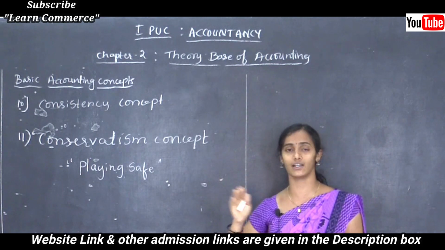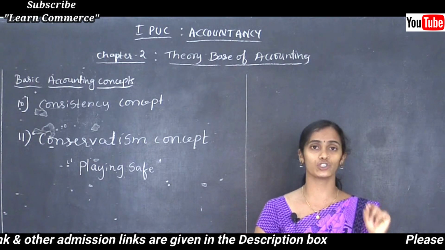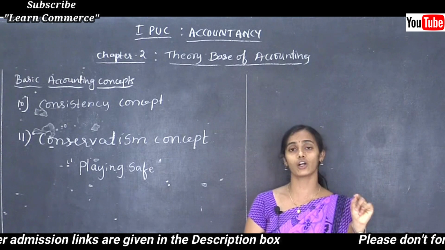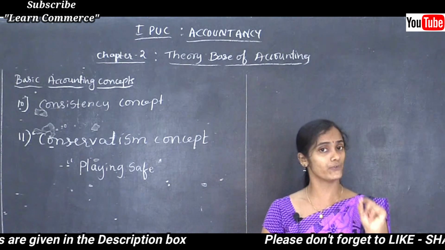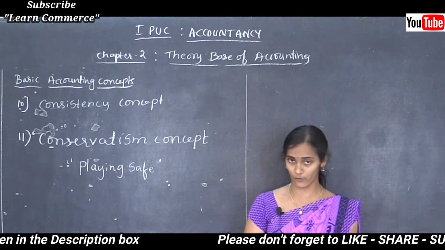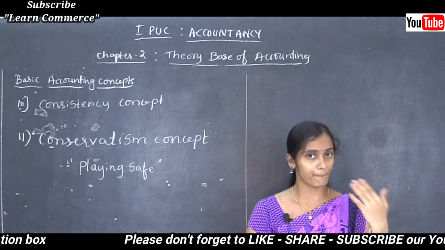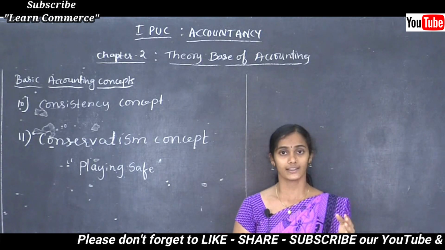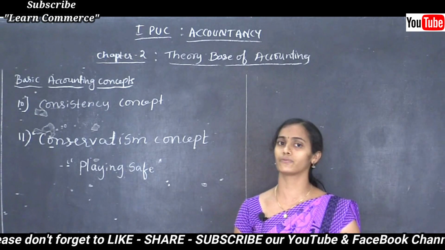So it may affect the organization adversely. That's why we should not overstate the profit. If we overstate the profit, it may lead to payment of higher dividend, out of the capital of the firm.